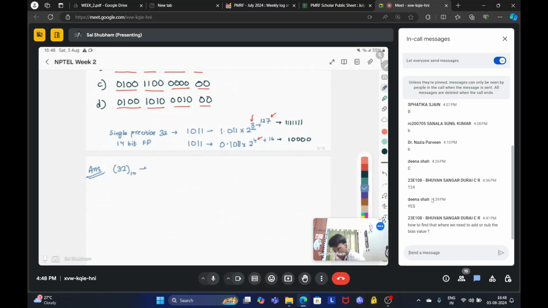So first you will convert the number to simple binary format, which will be 1 followed by 5 zeros. We can write this as 1 into 2 power 5, but we do not need this expression because it will be used in single precision, where 5 will be the exponent.